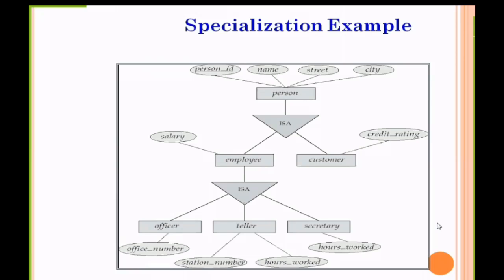That means the officer, teller and secretary classes will have all the properties of the employee class, but will have some additional property individually. As you are seeing in the diagram, officer has an additional property like office number, teller has two additional properties like station number and hours worked, and the secretary class has a property like hours worked.